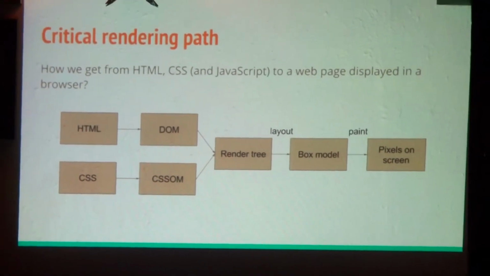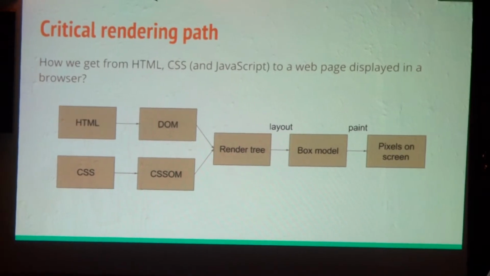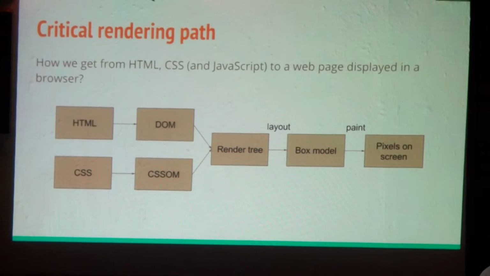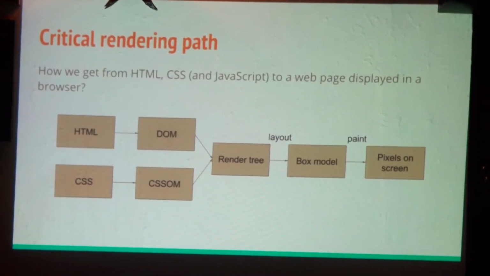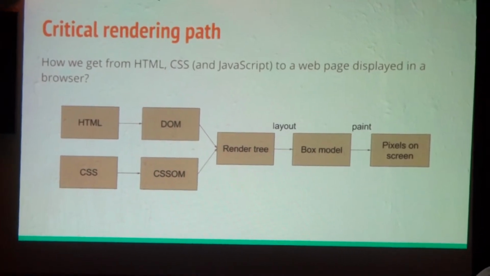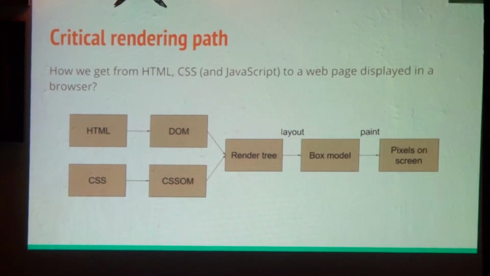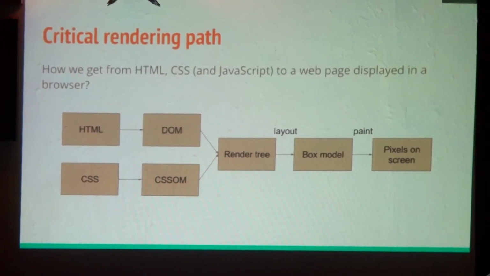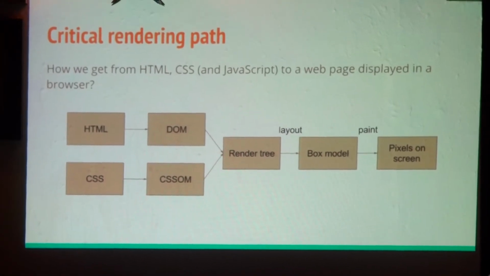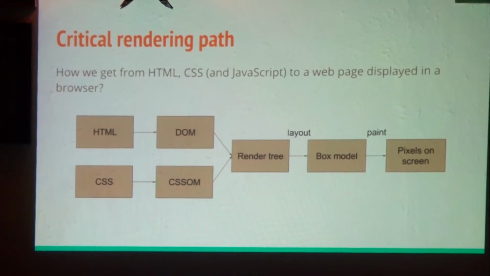So this is how a web browser engine will build your web page. It will take your HTML, and from that it will build a DOM tree. It will also take the CSS that you've given it, and with that it will build a CSSOM. It then combines the DOM and the CSSOM into a render tree. It will then perform a procedure known as layout, which will turn it into a box model.